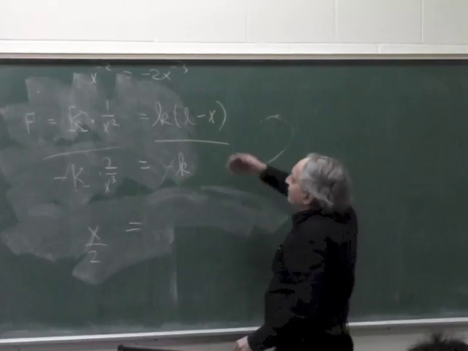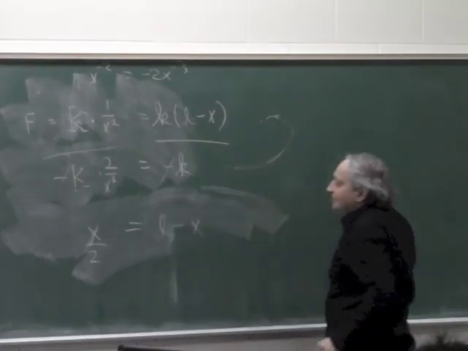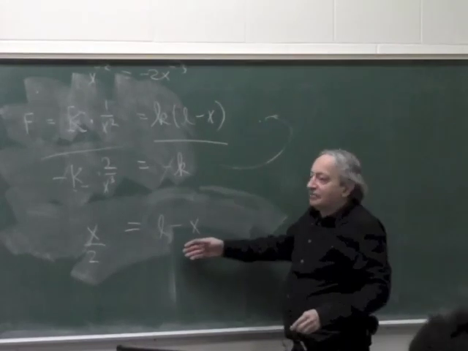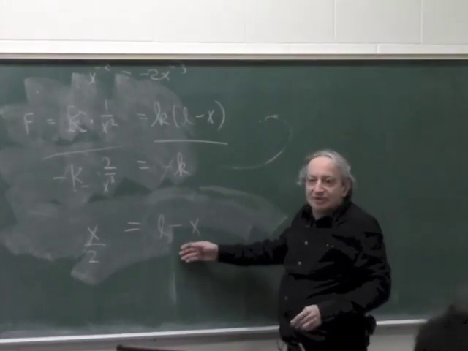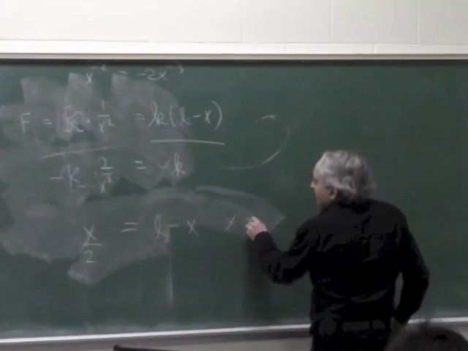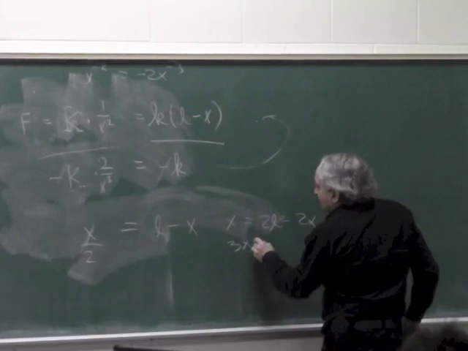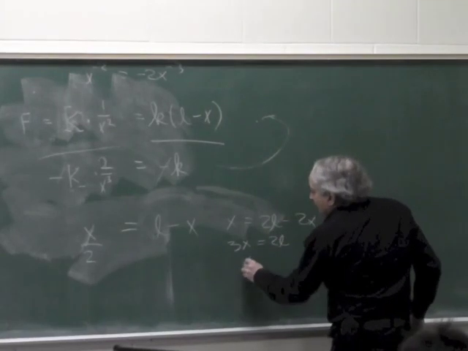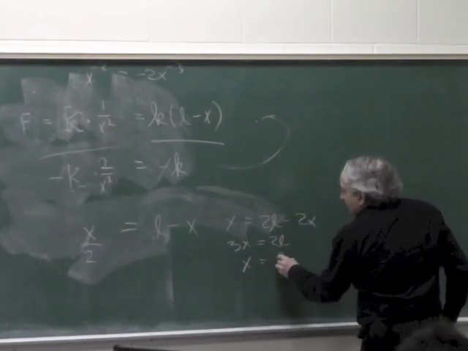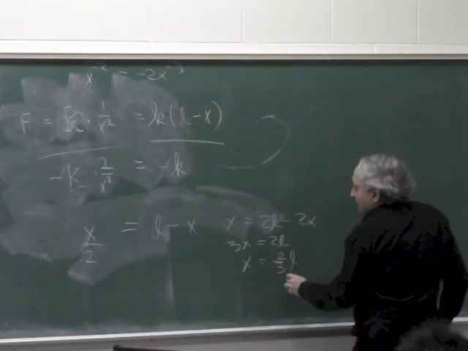And when I divide this by this, k cancels out and I get L minus x. So now I reduced it to a first order equation, and it's much simpler to solve. So now I get x equals 2L minus 2x, so 3x equals 2L, x equals 2 over 3 L.